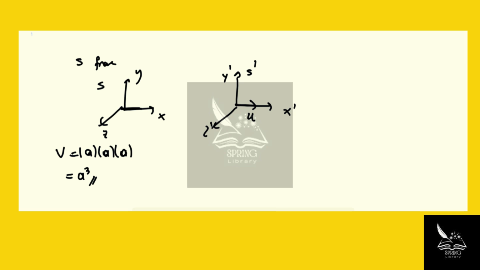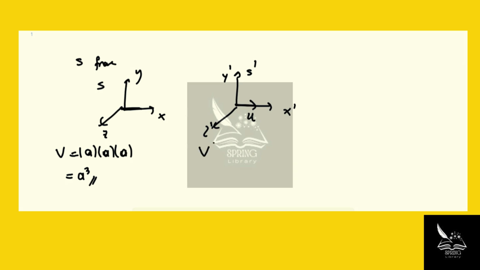The only length that is going to get shortened is going to be the length along the direction of this motion, which is the x direction, and the other two, the length along y and z directions are going to remain constant, so they're going to be A, right?